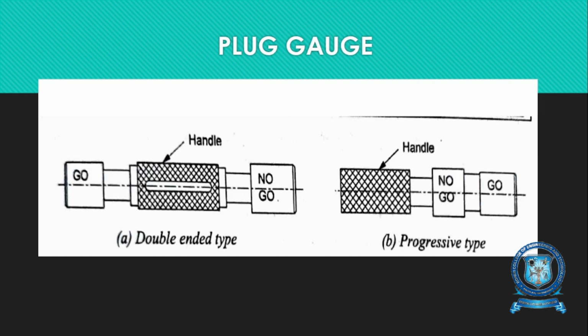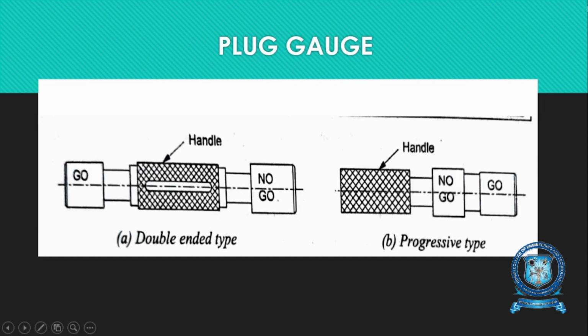Usually the go end is equal to the lower limit size of the hole, and the no go end is equal to the upper limit size of the hole. If the go gauge does not enter, the hole is undersized, and if the no go gauge enters, the hole is oversized. Hence the components are rejected in both cases.